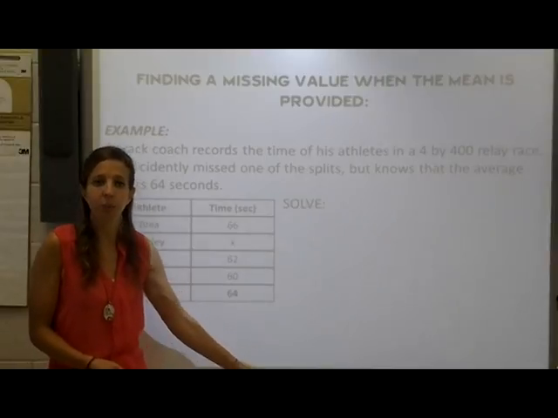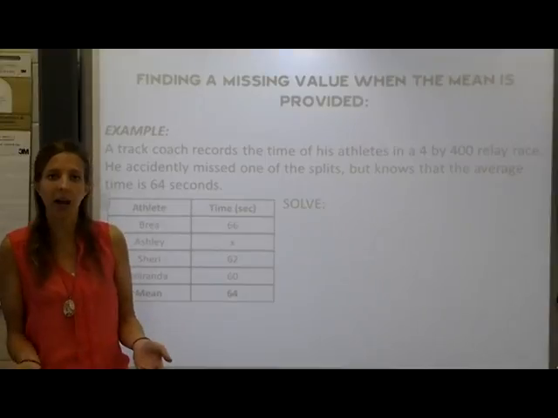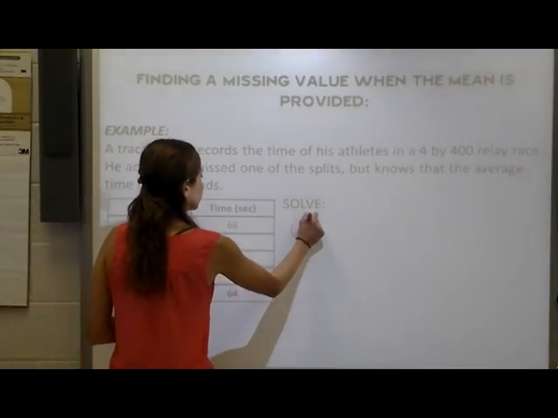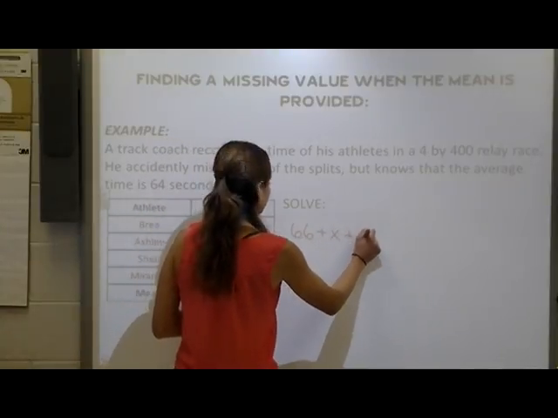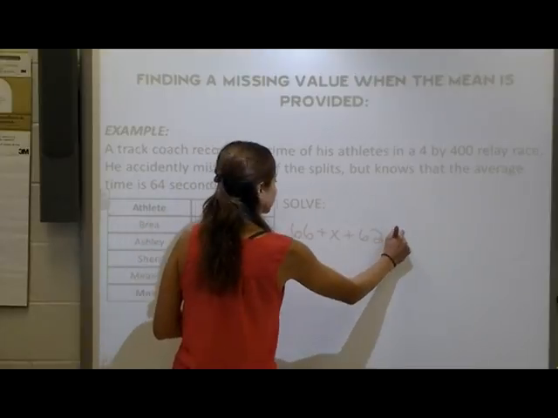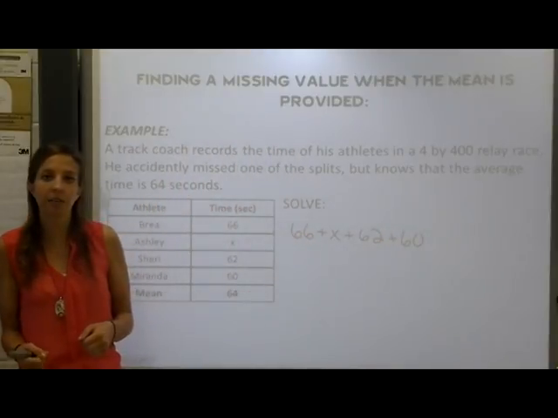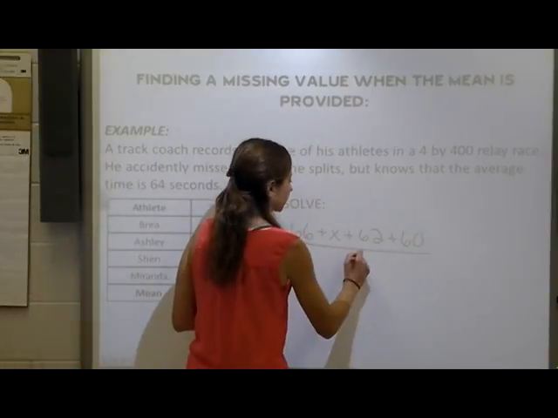We're going to set this problem up just like we would set up any other problem when we're finding an average. So we're going to add 66 plus X plus 62 plus 60, and we're going to divide that by the number of data points in our set, which is 4.